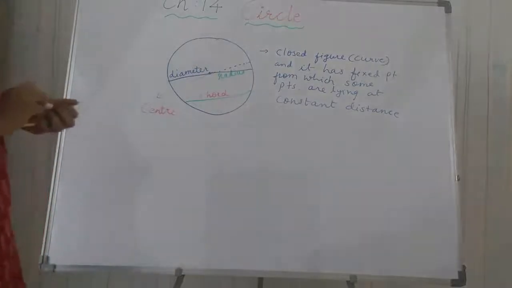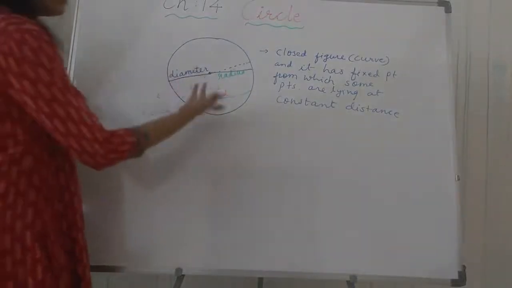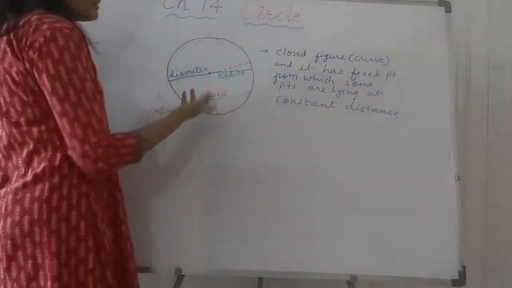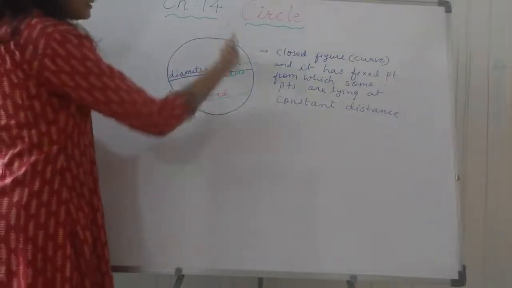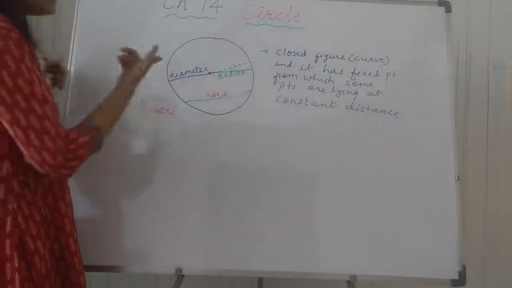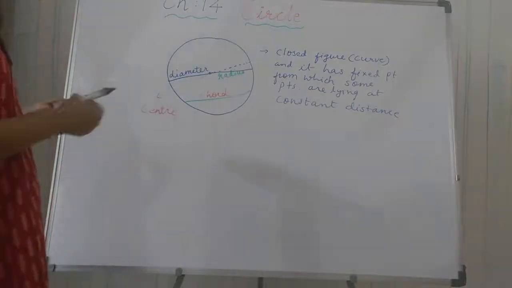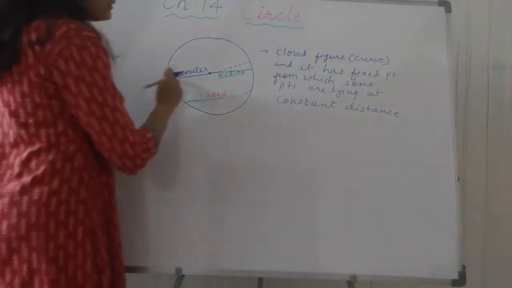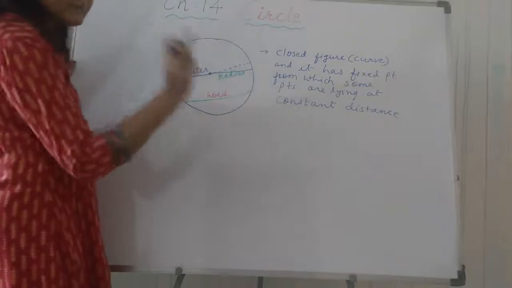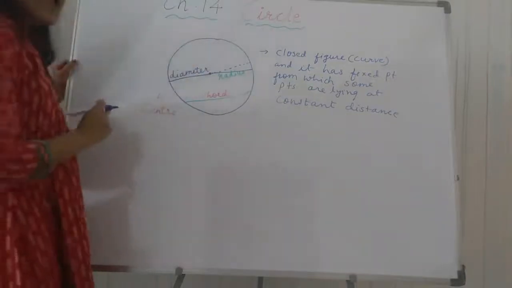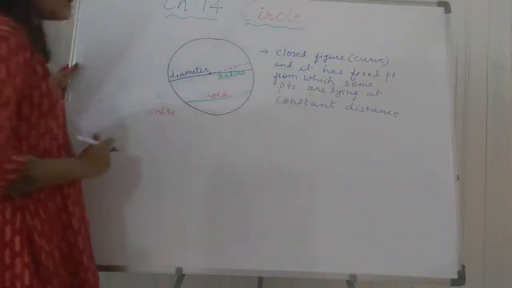A chord can lie anywhere; it is sometimes smaller, sometimes bigger. Students, you can draw it in any way. Here, the biggest chord is the diameter. We all know that the biggest chord always passes through the center.